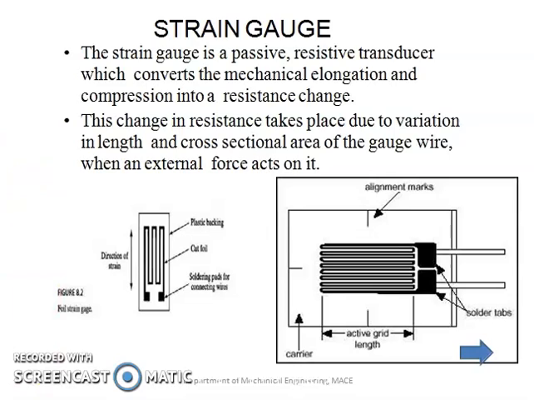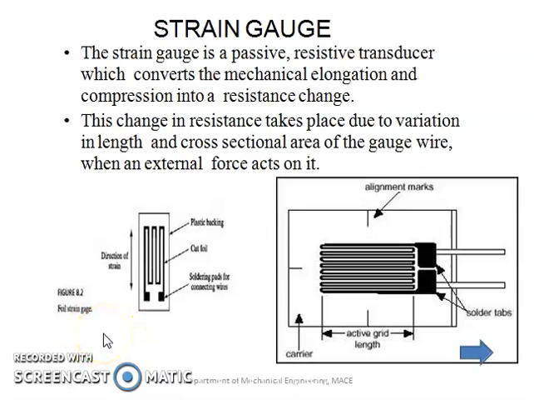Another resistive transducer is strain gauge. Usually a strain gauge is a passive transducer, and this particular resistive transducer converts mechanical elongation and compression into resistance change. This is the construction of a strain gauge. It has a wire of considerable length, and it is pasted or placed over the element whose strain is to be measured.